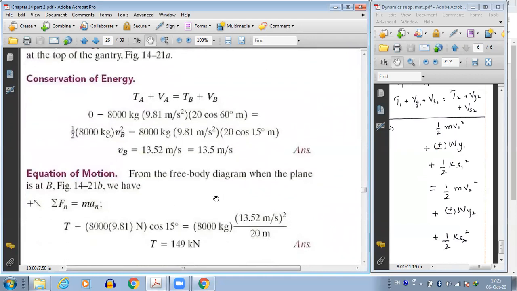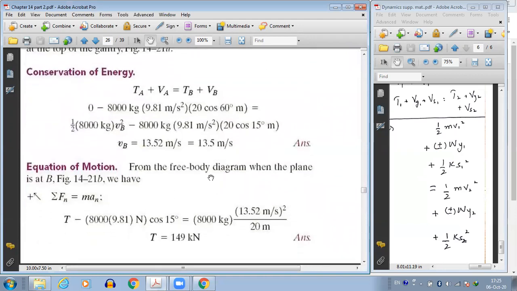We find the velocity, and after that we need to find the tension in the cable. We can do it by using the summation of forces in the normal direction. We now know the velocity, and we divide by the radius of curvature, which is 20, the length of the string.